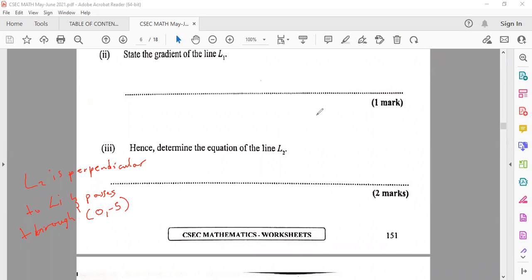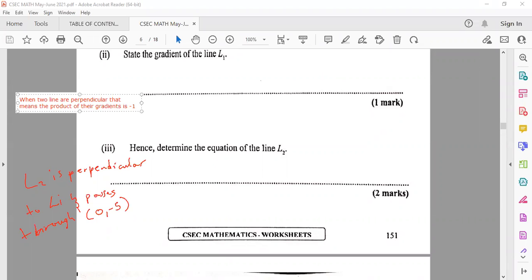When two lines are perpendicular, let me put it in text because I know my handwriting is beautiful, it means the product of their gradients is -1.